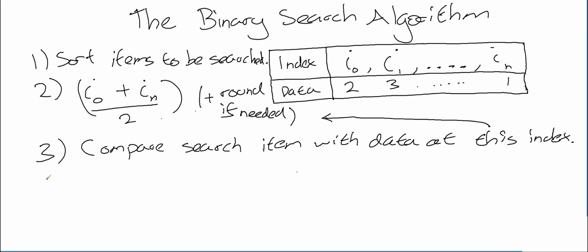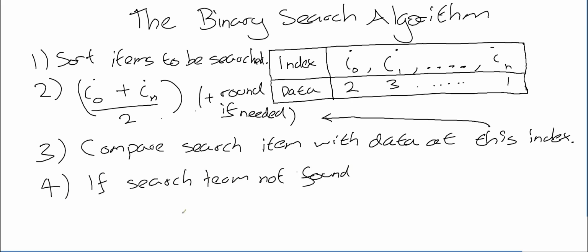However, if the search isn't complete, so if the search term is not found, we have to check whether the search term is greater than or less than the data item at this index.